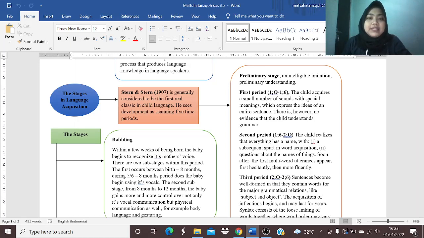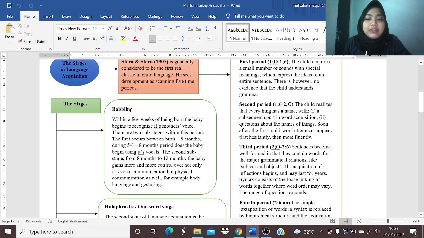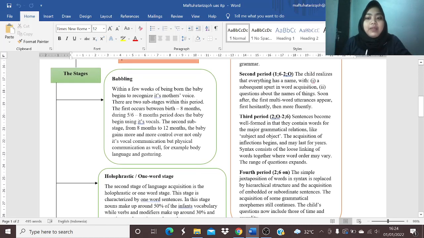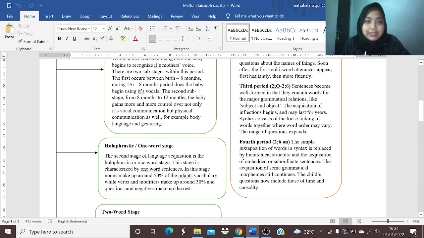The third is the second period. The child realizes that everything has a name, with a subsequent spurt in word acquisition. Questions about names of things soon follow, after the first multi-word utterances appear, first hesitantly, then more fluently.